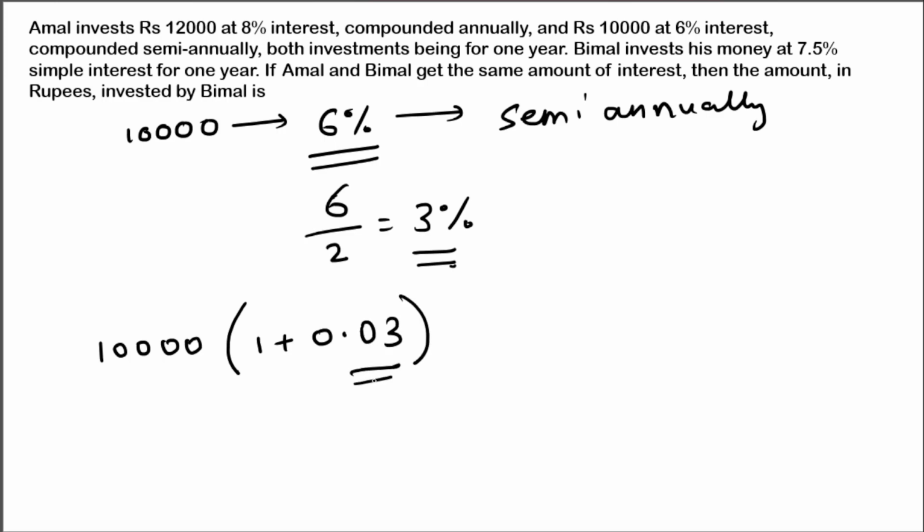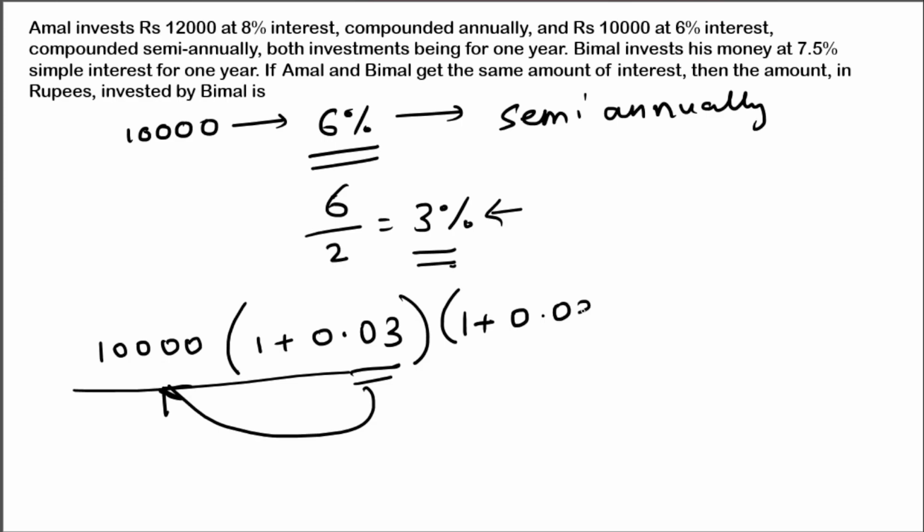Now this amount of interest will be added back to the principal, and for the rest of the year he will get interest on the whole amount, and that will also be 3%. So this is 1 plus 0.03 again. Here comes the formula: this will be 10,000 into (1 plus 0.03) squared.